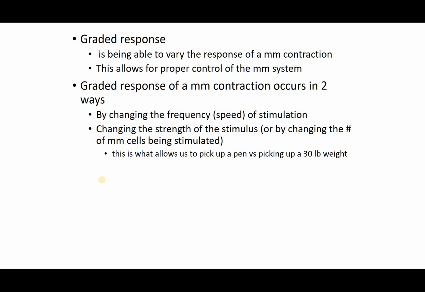Now think about this. If you use that exact same force that you used to pick up a pencil to pick up a 45-pound weight, it's not going to happen because you haven't recruited enough muscles to do so. So you just simply start recruiting more muscles to pick up that 45-pound, or what I have written here, 30-pound weight. Okay, so you're doing this by changing the speed of the stimulation and the strength of the stimulus.